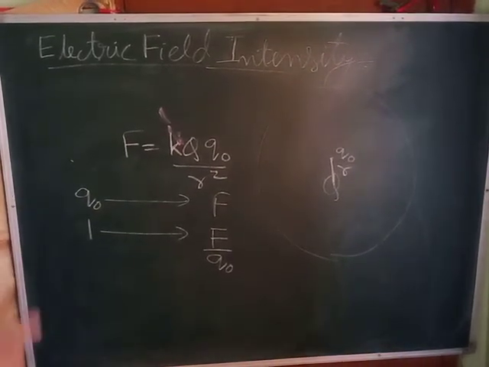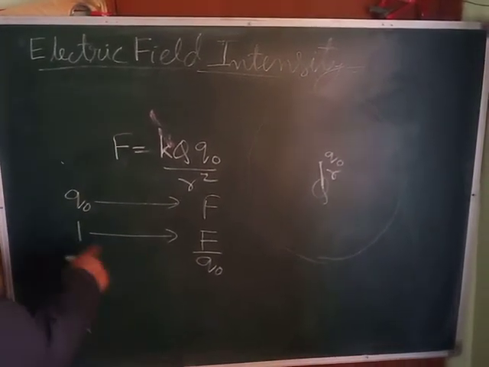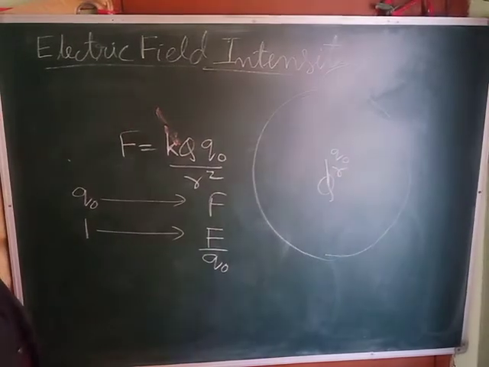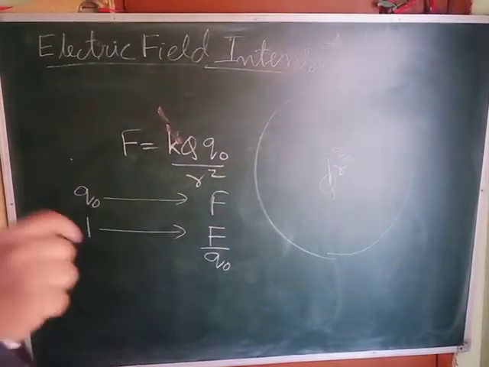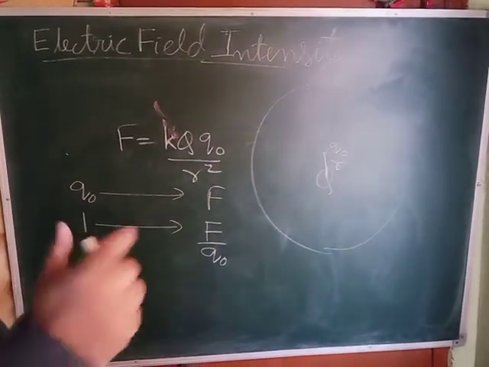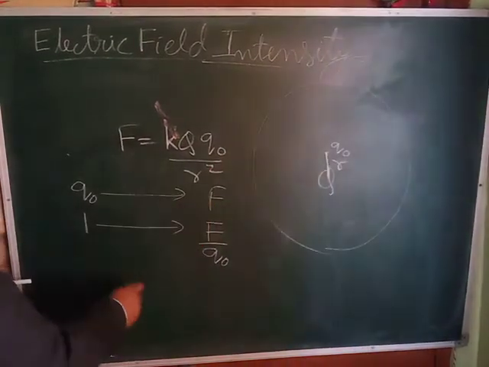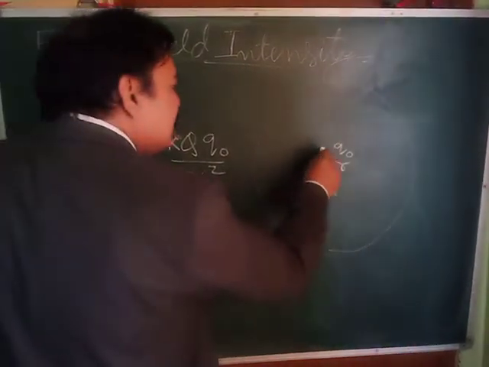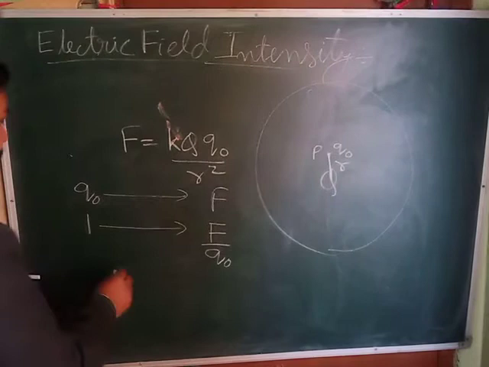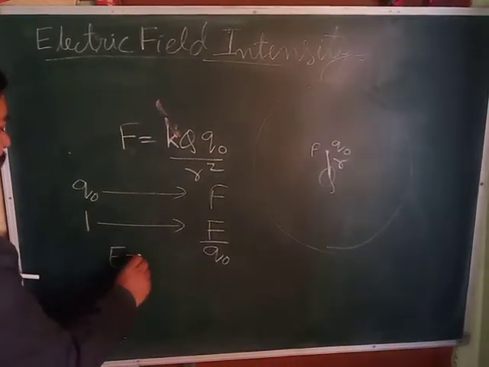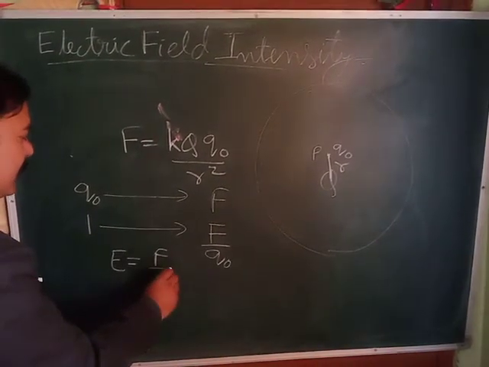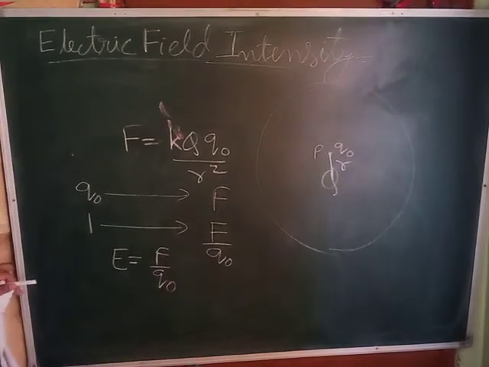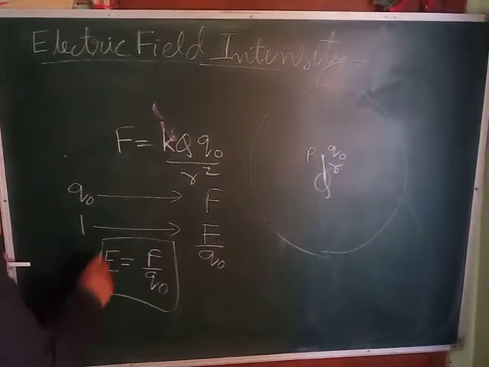And according to the definition, whatever force that unit charge experiences is numerically equal to the electric field intensity at that point. So electric field intensity at point P is F upon q naught. This formula we get from here.